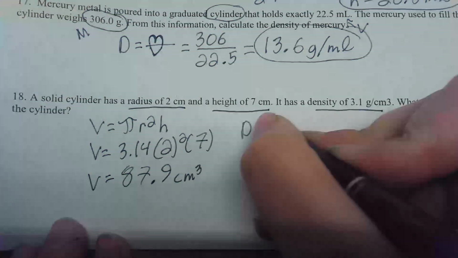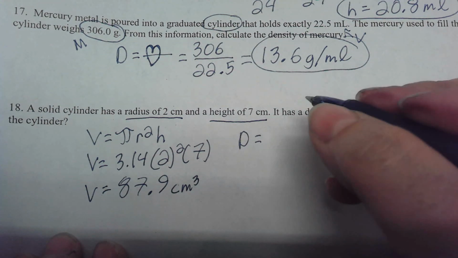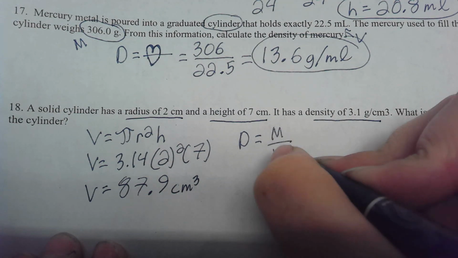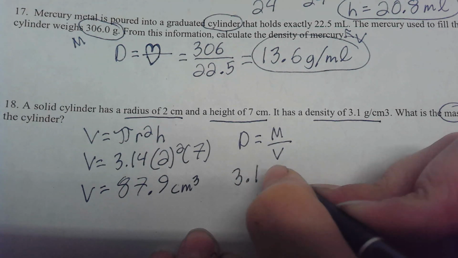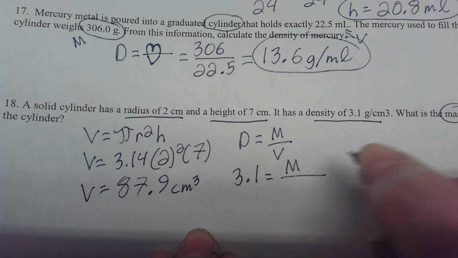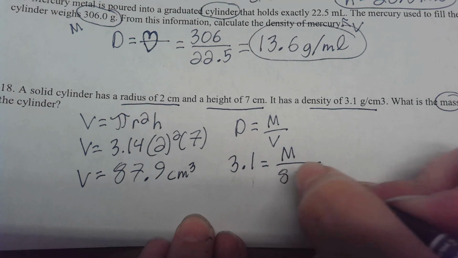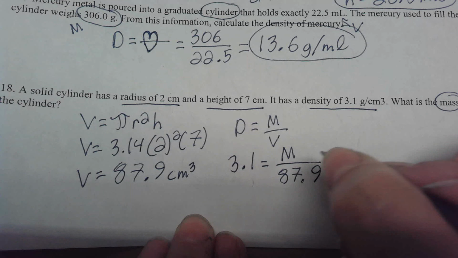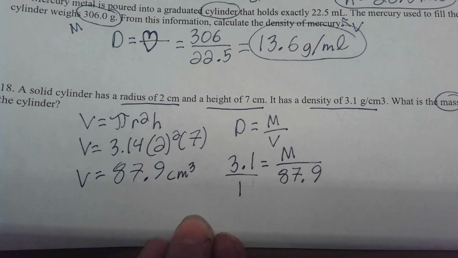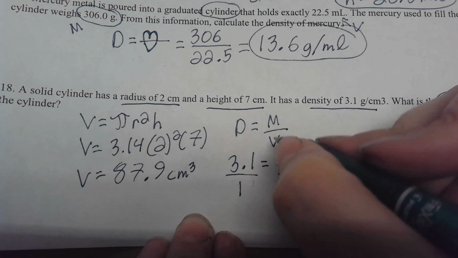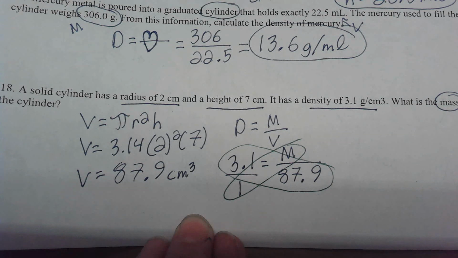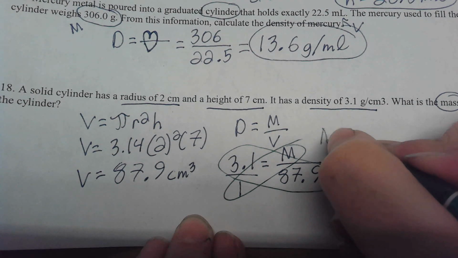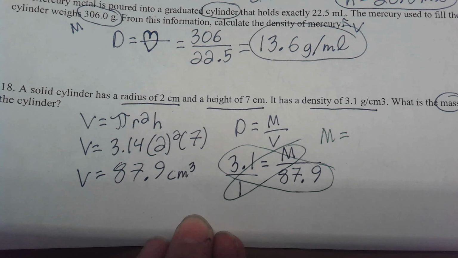Okay, remember density. We love density. So it's going to be mass divided by volume. So I'm going to substitute in 3.1 is equal to the mass divided by 87.9. Remember, we could do whole numbers over 1. And we are going to cross multiply and divide. In this case, I just need to cross multiply. So I'm going to get the mass is equal to 87.9 times 3.1.